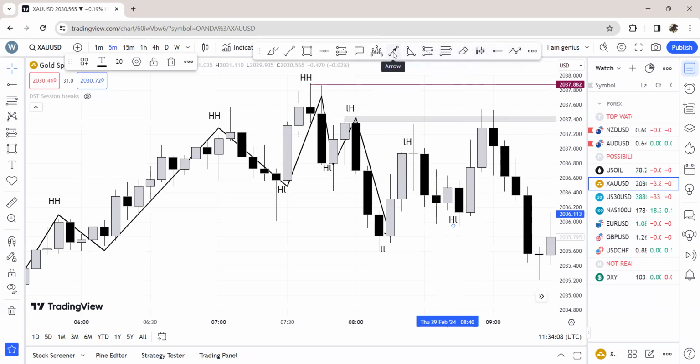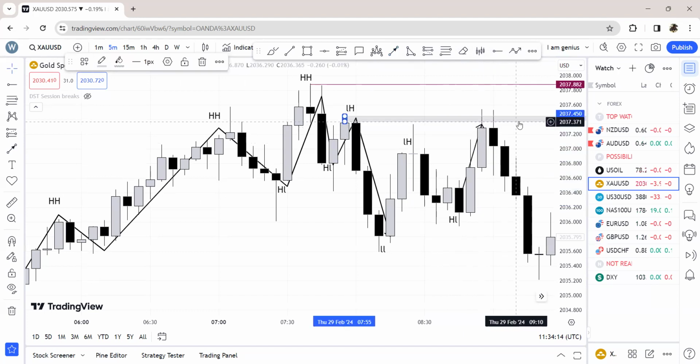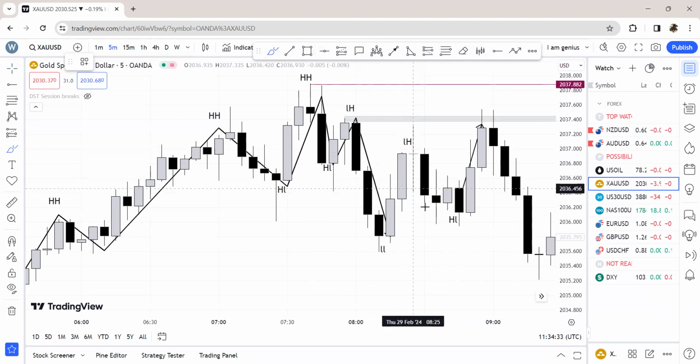Then this breaks way past this level, making this to be called a higher high because it's higher than this level. You get the idea? So there's a shift in market structure here when the market makes, let me circle this point that I'm referring to.